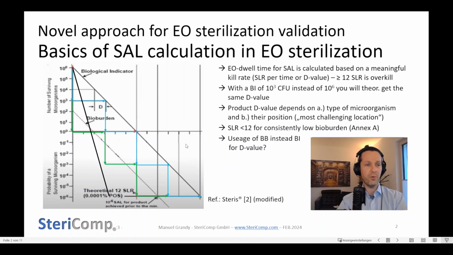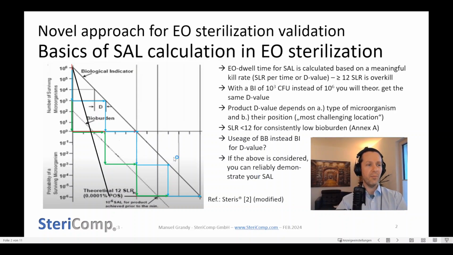And the third point is the number in this case, okay? You need to know the starting point to say it was 6 spore log reductions. So this is another important aspect why this usage of BI makes so much sense.